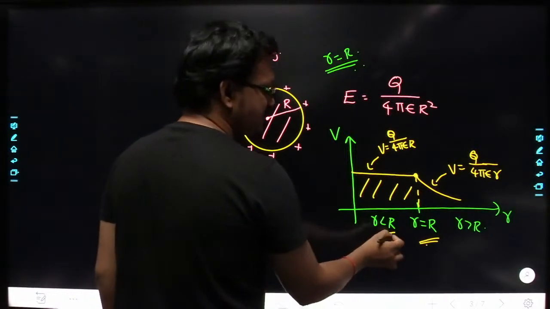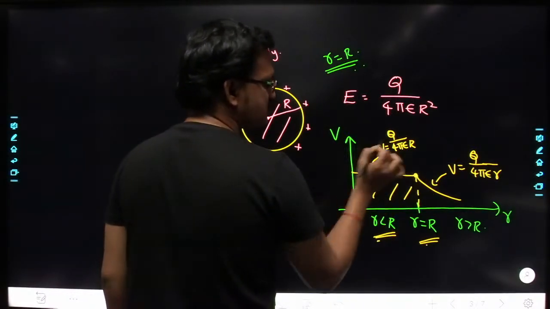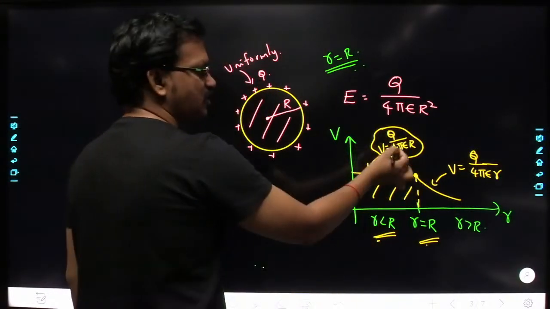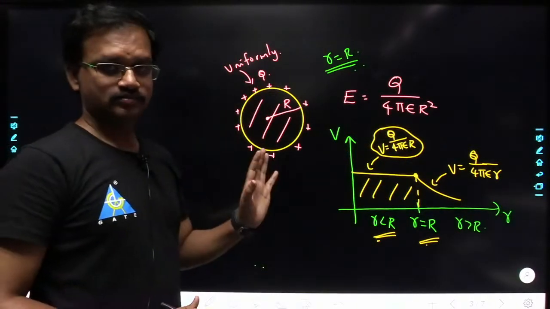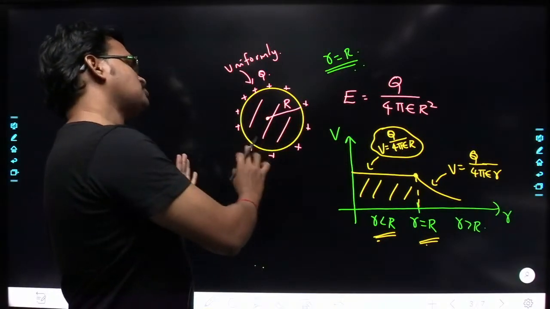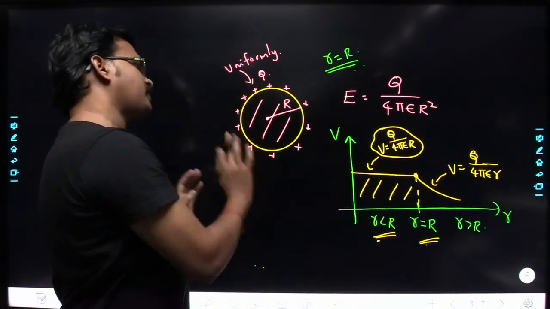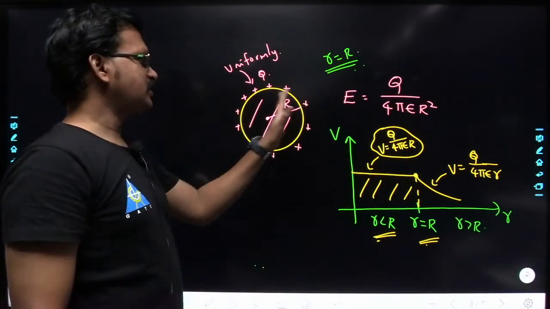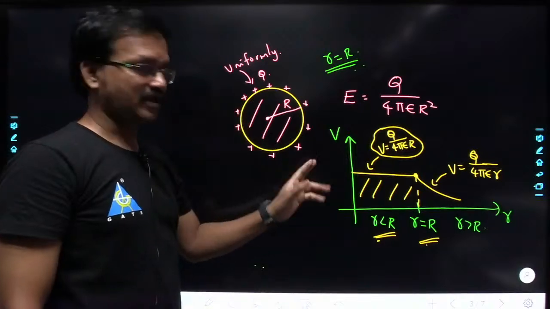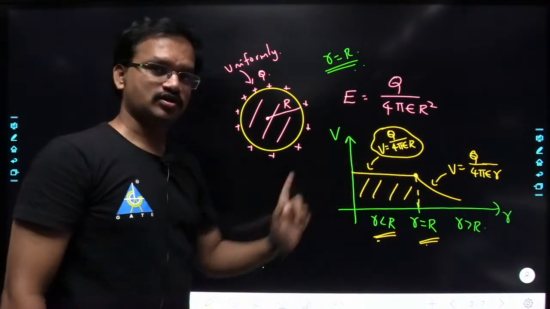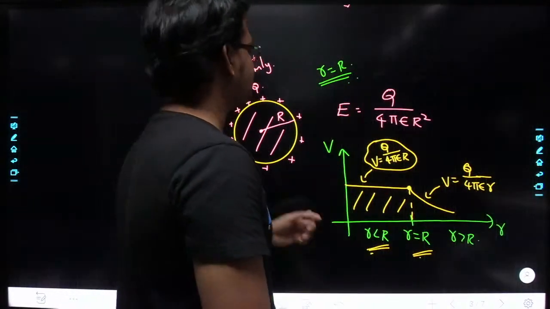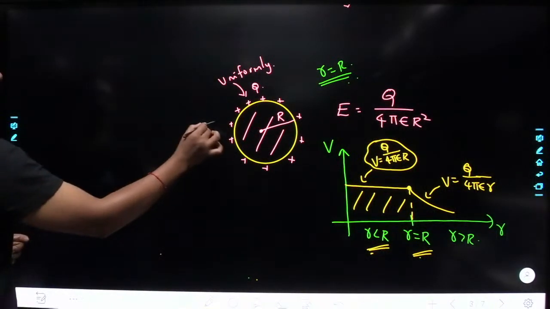Inside the sphere and on the surface of the sphere, the potential is constant, that is q by 4 pi epsilon R. If you have a sphere with the charge distributed uniformly on its surface, then the potential inside the sphere and on the surface are both the same, and it is constant. Understood?